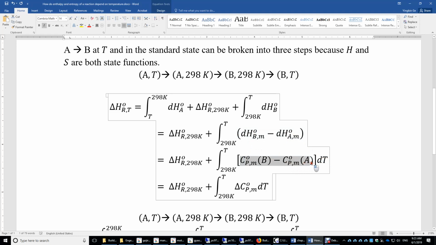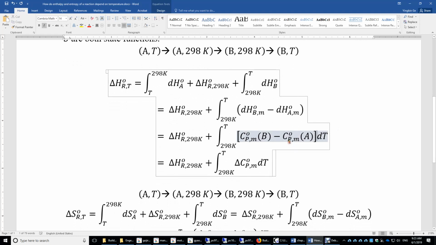Therefore, inside this square bracket, we have Cpm of B minus Cpm of A. We put a molar here because the enthalpy of reaction is typically in joule per mole or kilojoule per mole, and we use this to describe the enthalpy change of the reaction per mole reaction. That's why we need the molar here. And again, this is in joule per mole or kilojoule per mole. This should also be in joule per mole and kilojoule per mole.